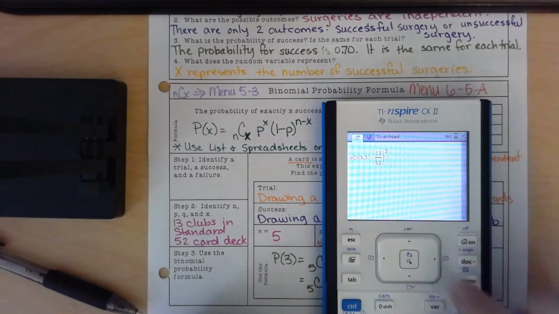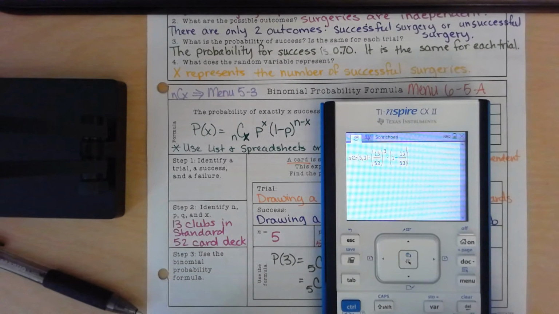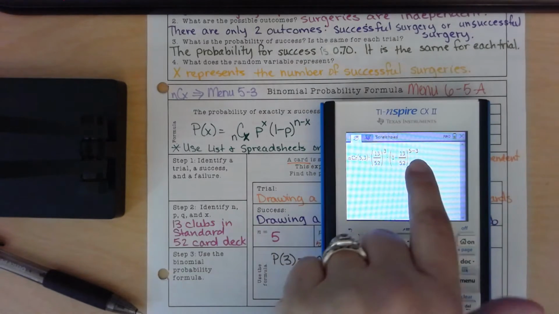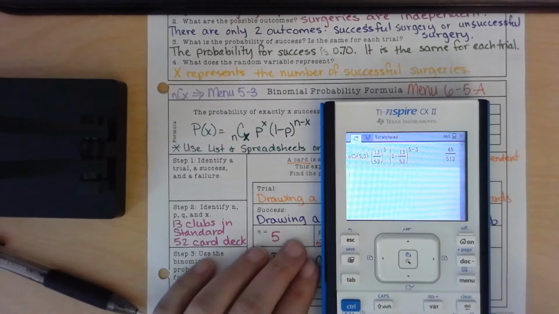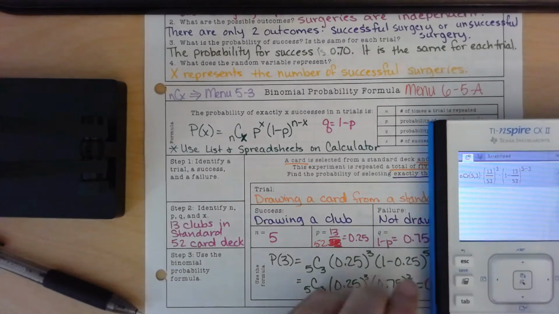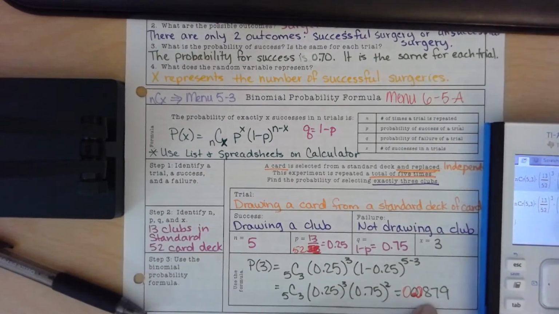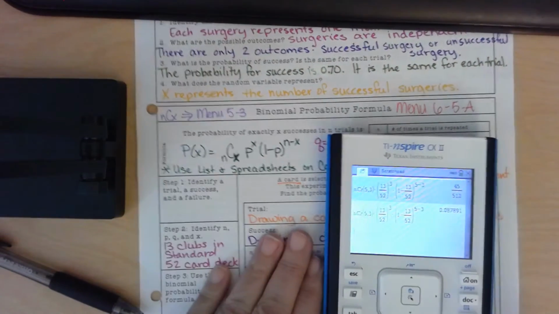So 3 successes times 1 minus, again, 13 out of 52. This time raised to the number of trials minus how many successes we needed. So that gives us our number of failures. And then we'd hit enter, and we would get 45 out of 512, or 0.087891. So that's what that would be.